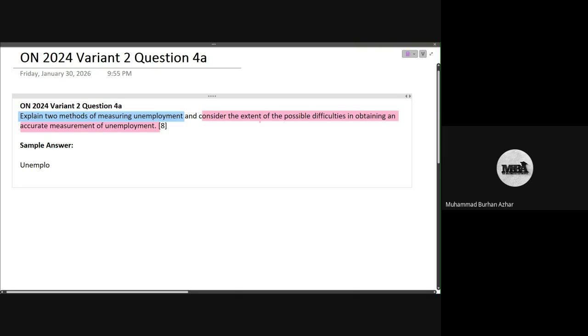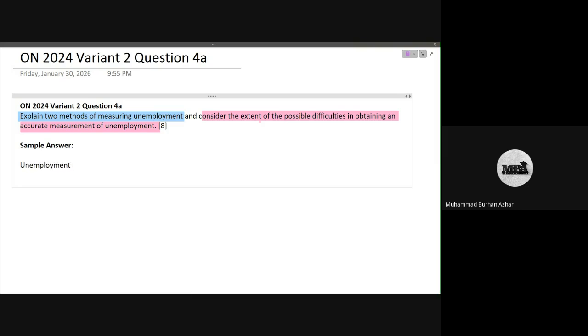To begin with, I'll start with the definition of unemployment. So unemployment is a situation where people of the working age are willing and able to work and are actively seeking a job but cannot find one.